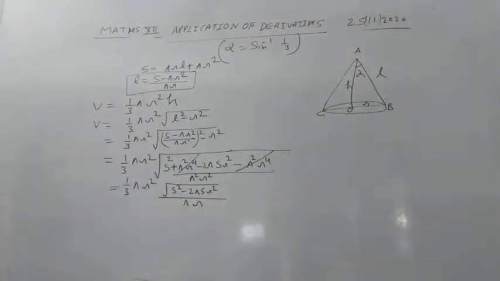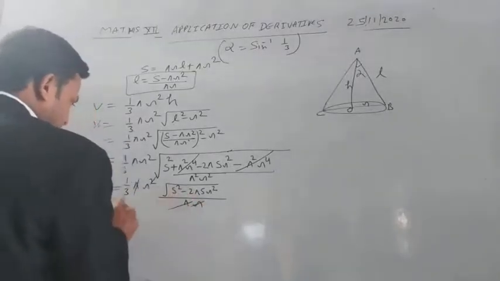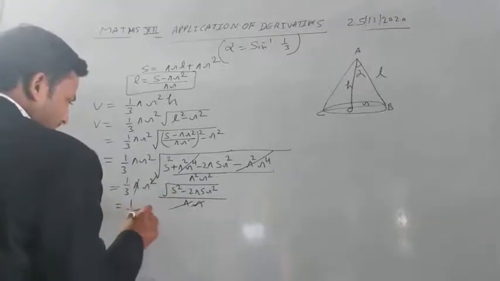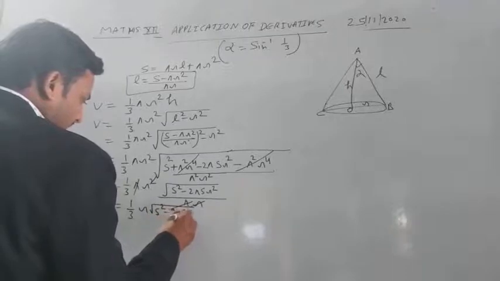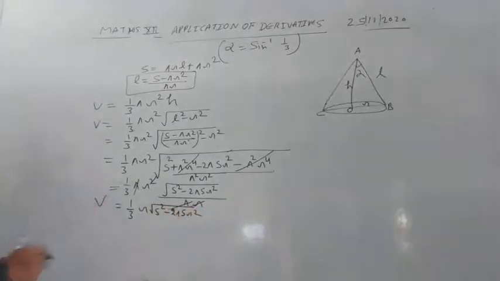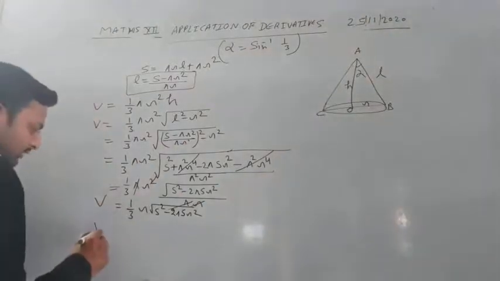Now pi and pi cancel, r and r cancel. This is 1 by 3 r under root s square minus 2 pi s r square. This is our V.